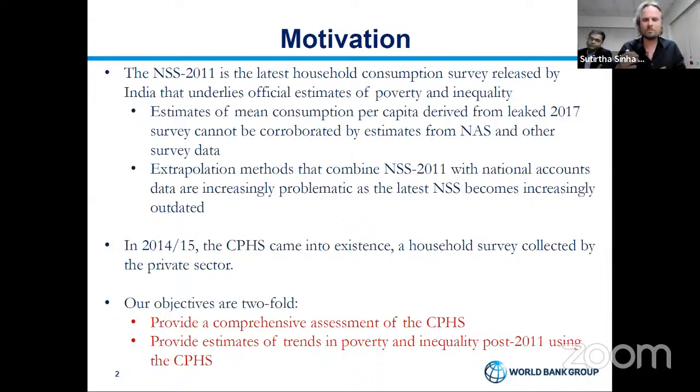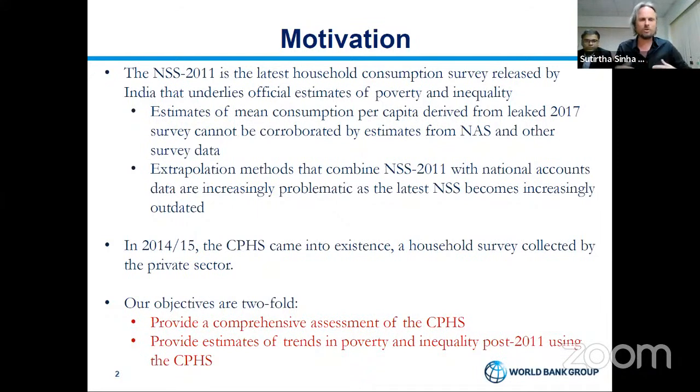It works out the relationship between growth in national accounts and consumption growth observed in household consumption surveys. And then it uses that to move the entire distribution forward. So, for example, if the pass-through rate between the growth rates observed in national accounts and the growth rates in household consumption data is estimated to be 0.7, and we observe a 10% growth rate in national accounts, it would imply roughly a 7% growth rate in mean household consumption. And so the whole distribution is moved forward.